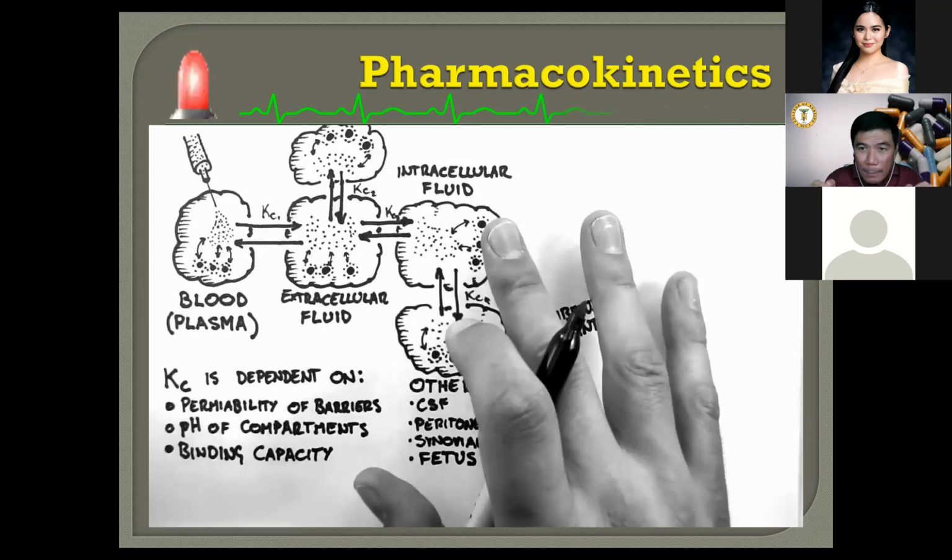hypermetabolism or hypometabolism? Again, if there is an excess number of sodium electrolytes, and we are aware that this is a positively charged electrolyte, if there's an excess and increase in the level of sodium, it will cause hypermetabolic response or hypometabolic response.